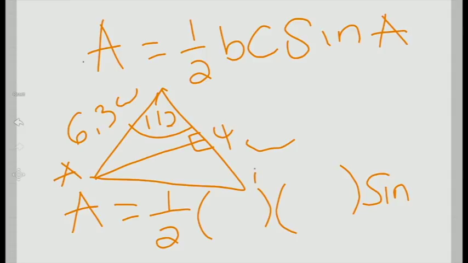Here we are given angle C. If we are given angle C, that means we're going to use side A and side B, which means we have 112 here, which is angle C. That means side A is going to be 4, side B is going to be 6.3. So if you're given an angle and the two sides that start from that angle, then you can find the area of a triangle using the sine formula.